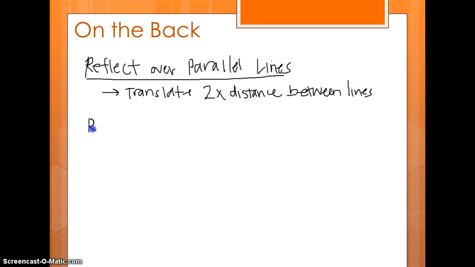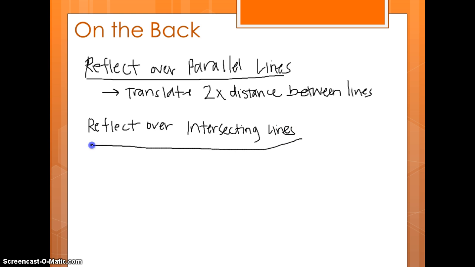We also reflected over intersecting lines. When we reflect over intersecting lines, it's the same as rotating twice the angle between those lines.